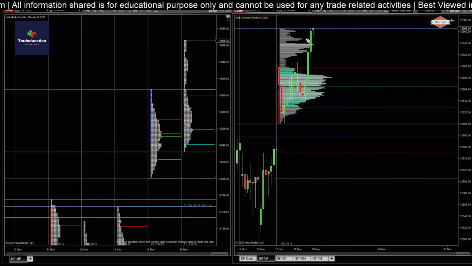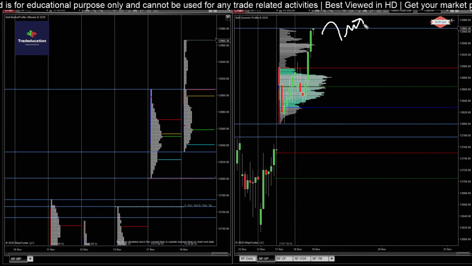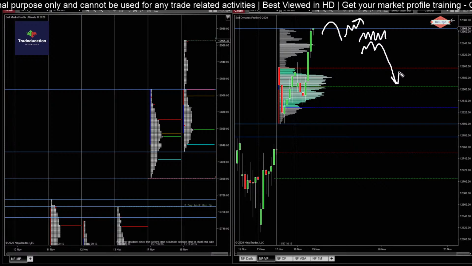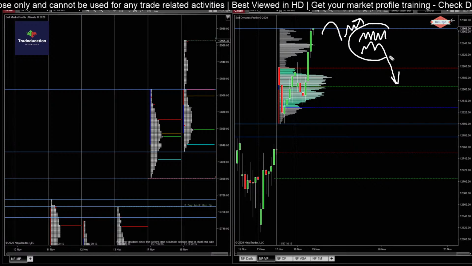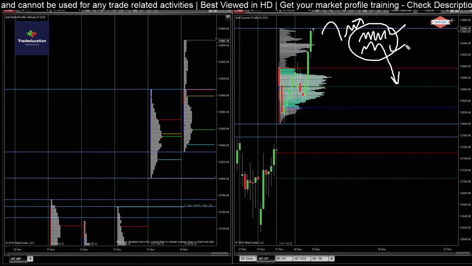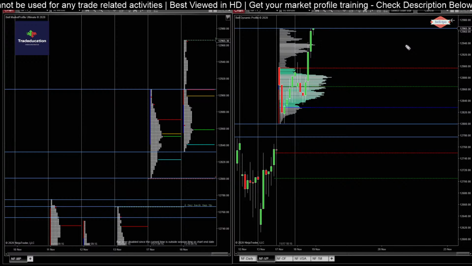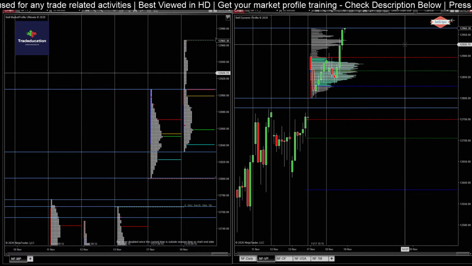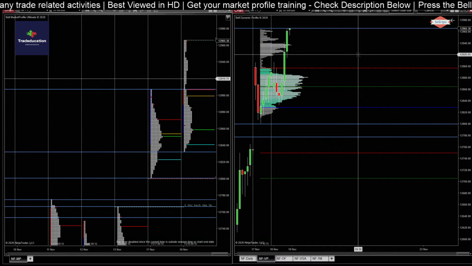So I'm expecting some sort of reversal. We need to see whether we see continuation higher, or balancing, or a reversal. The odds of this or this happening are higher. These are the references which I have marked.